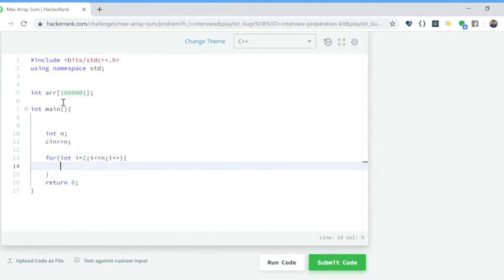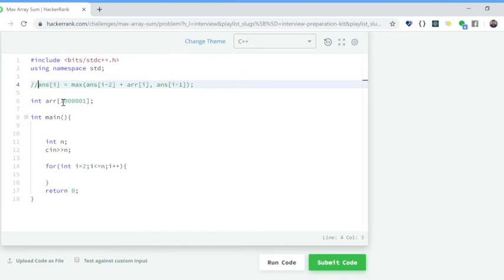So I'm starting here from the position 2 because if you remember, our recurrence relation was ans of I is max of ans of I minus 2 plus ARR of I, comma ans of I minus 1. So this was my recurrence relation.